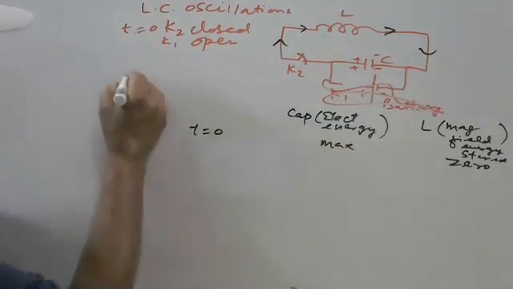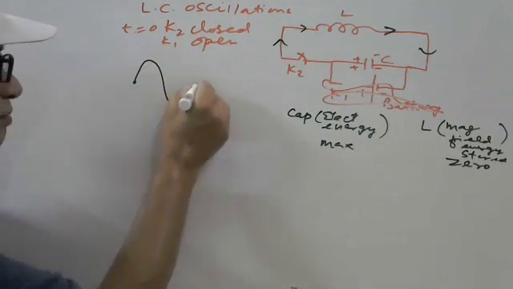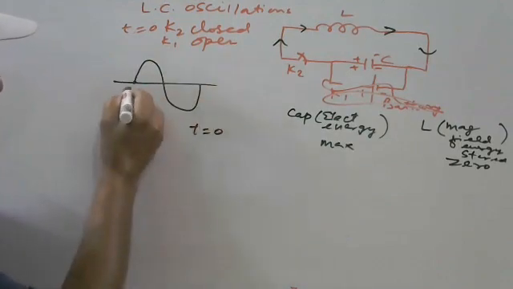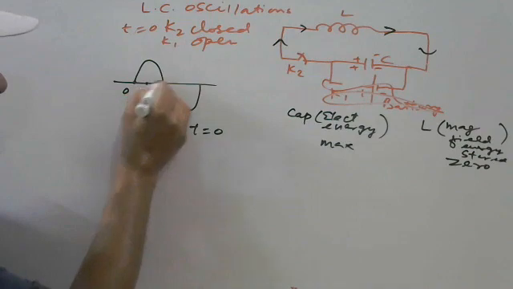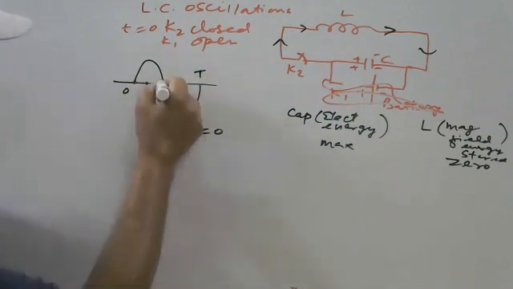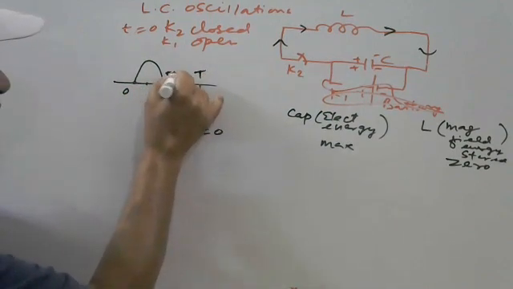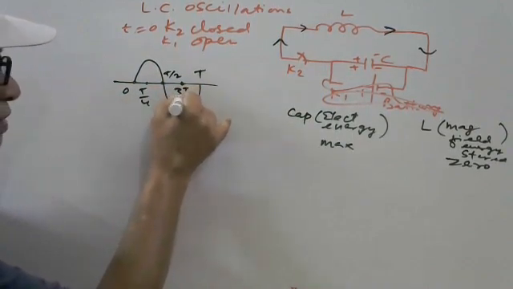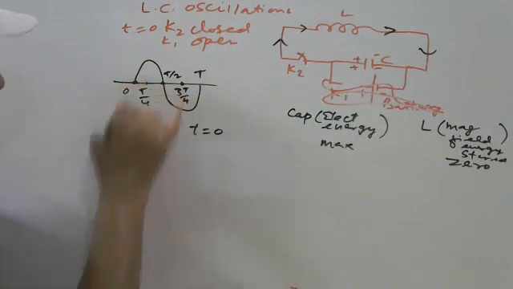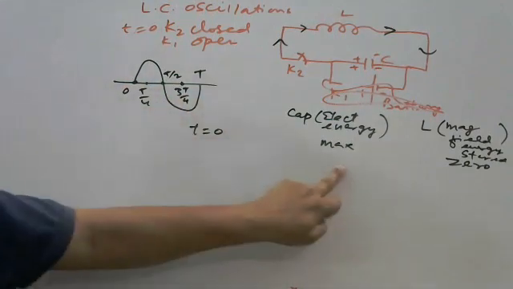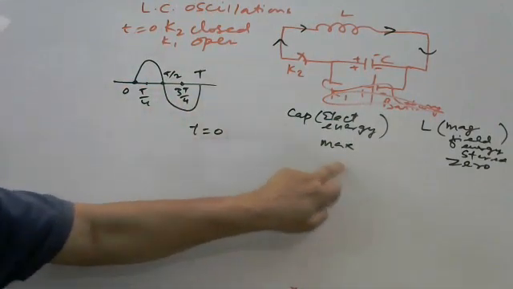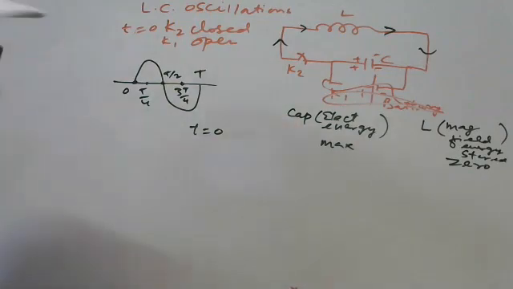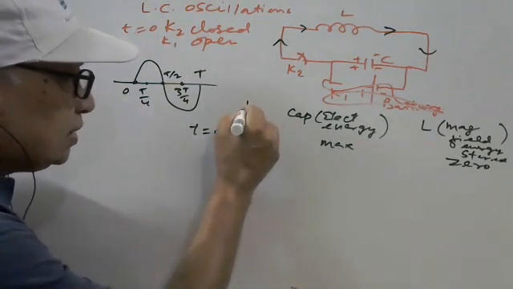At t is equal to 0, this is one cycle, and this is the full cycle, half cycle, quarter, 3/4. So at this stage, maximum energy is in the capacitor, and we have already described the energy stored.